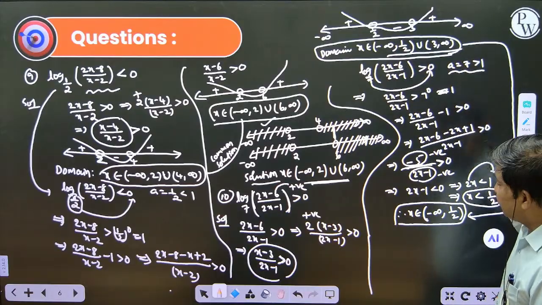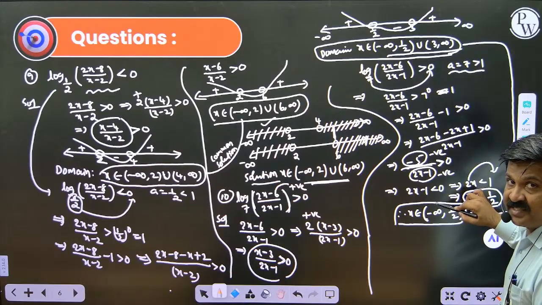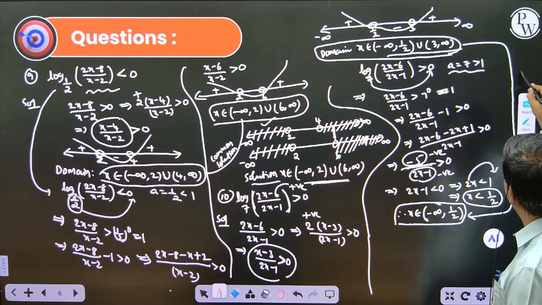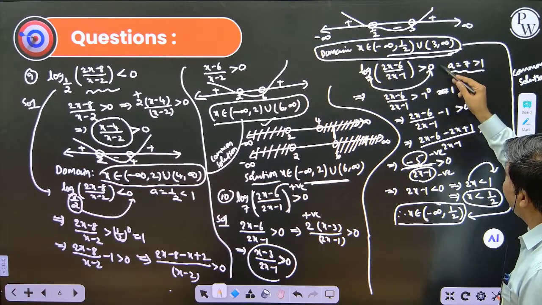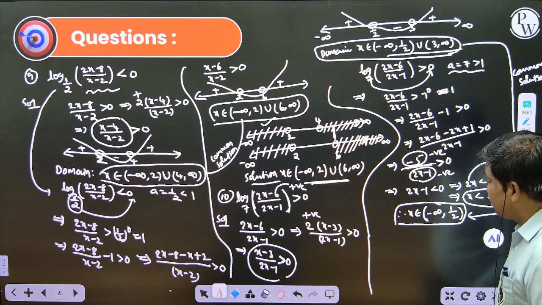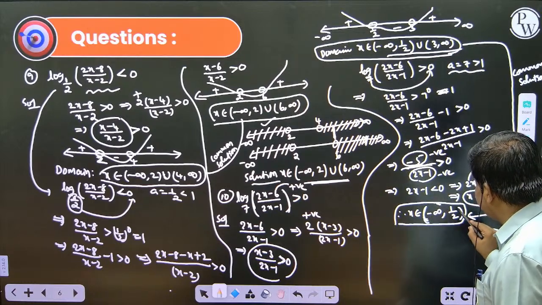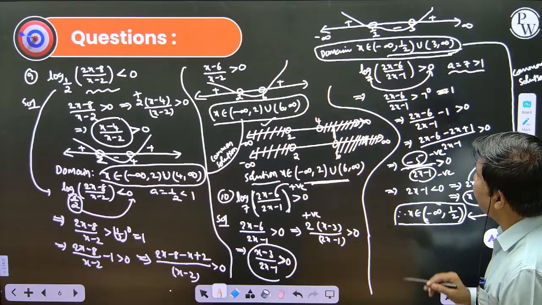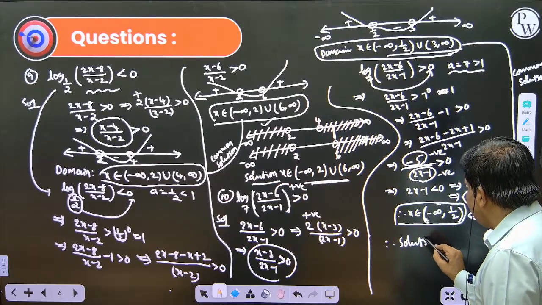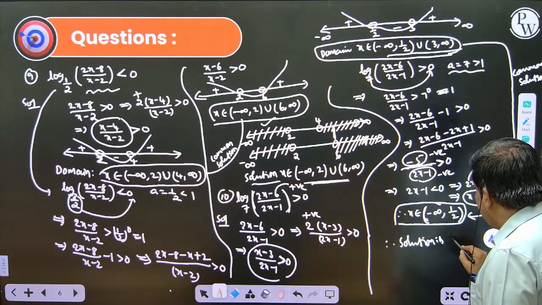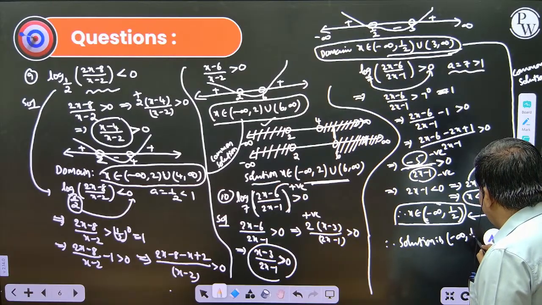We want to take the common solution of the domain and the solution. So this solution is a part of the domain. Therefore, the solution is minus infinity to half.